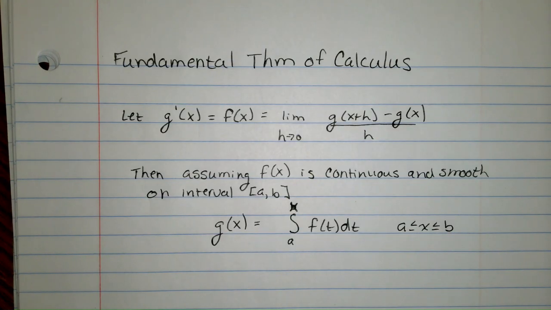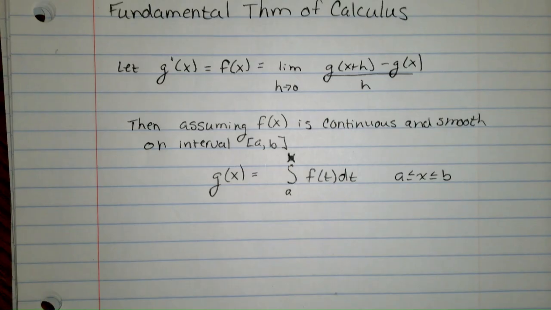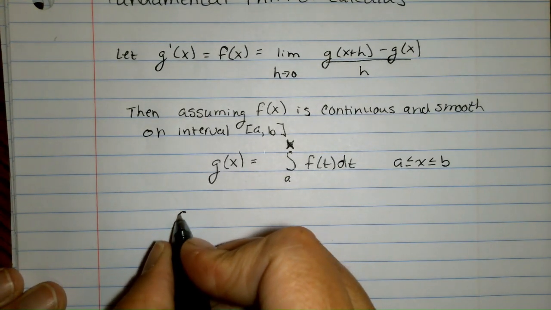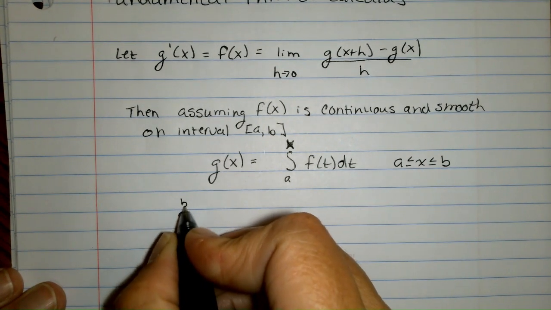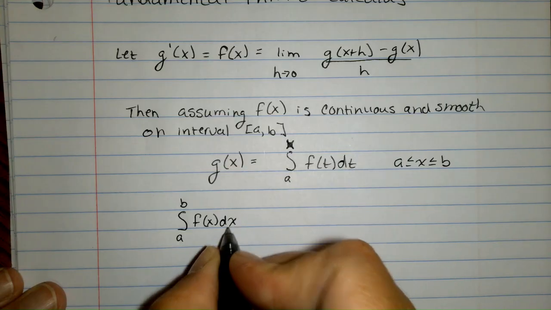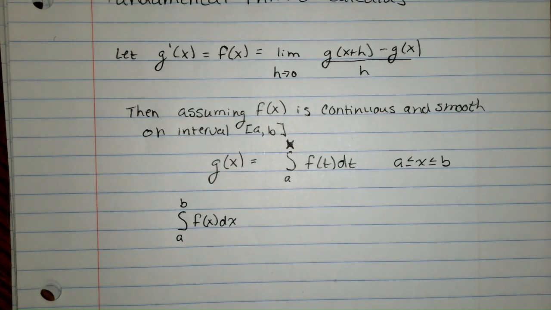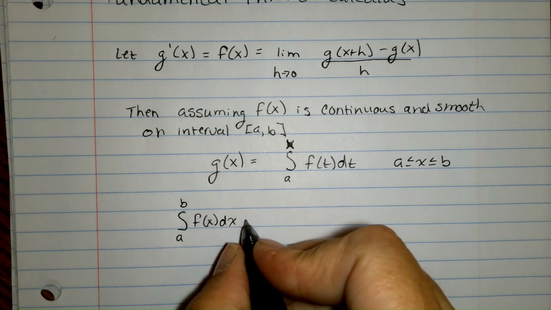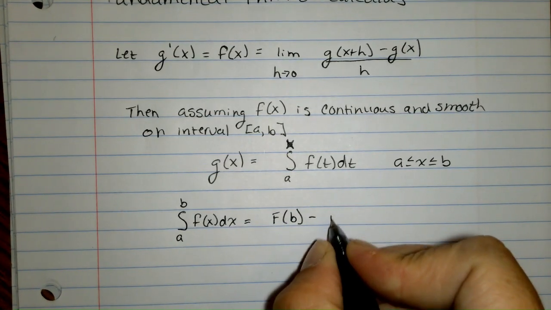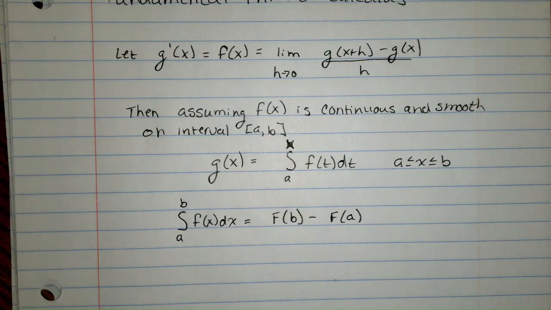Simply put, basically we're saying that the integral from a to b of f of x dx, which we've been turning into all these rectangles, is going to equal capital F of b minus capital F of a.